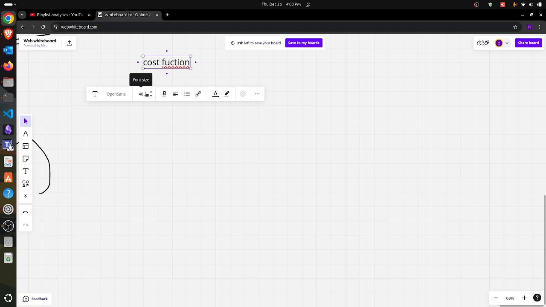Think of it like a game where every wrong answer costs you 10 points, but every correct answer gives you 20 points. Which one would you want to do more? That's basically what the cost function is doing. It is helping the computer figure out how well it did on the last test, so it can try to do better next time.